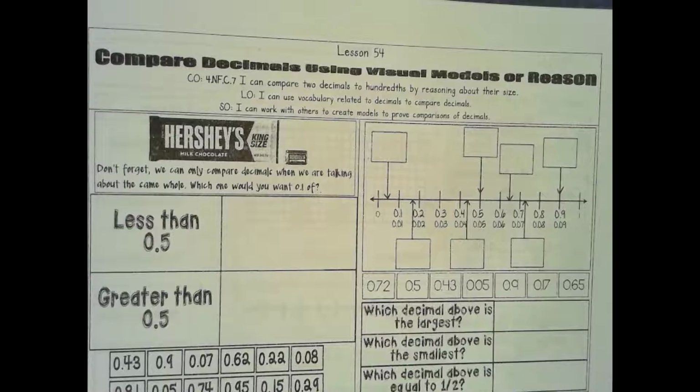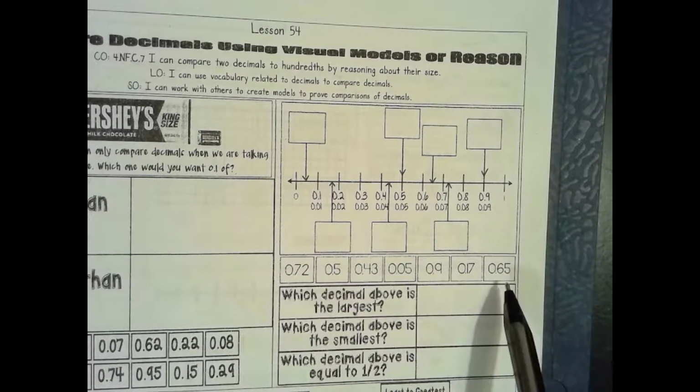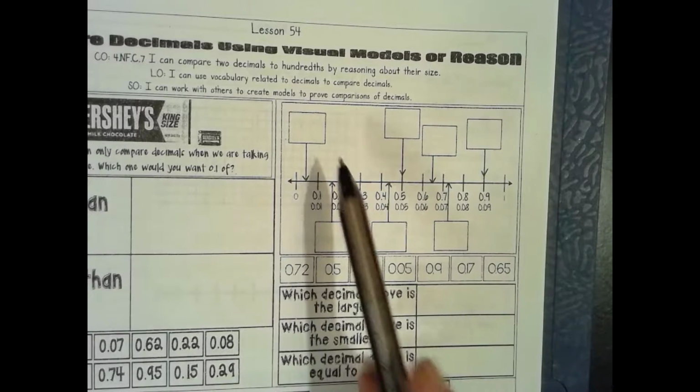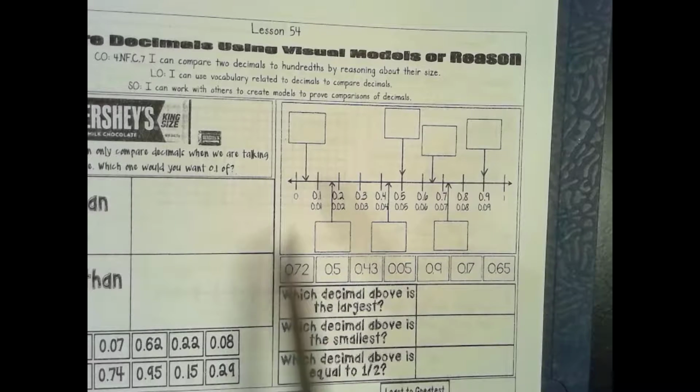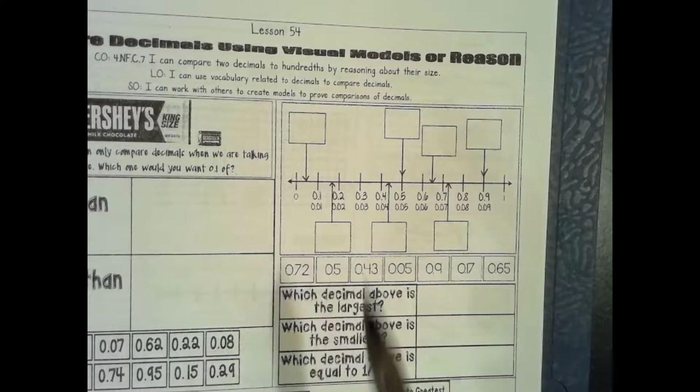Alright, so here we're going to be looking first at this number line. We have some decimals here, and we have to find where they go on the number line. So first we need a number that is between 0 and 1/10. So it has to be in the hundredths. This one is 72 hundredths. That would be more than 10 hundredths.